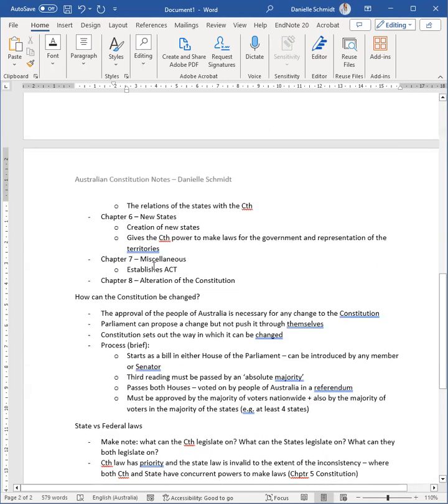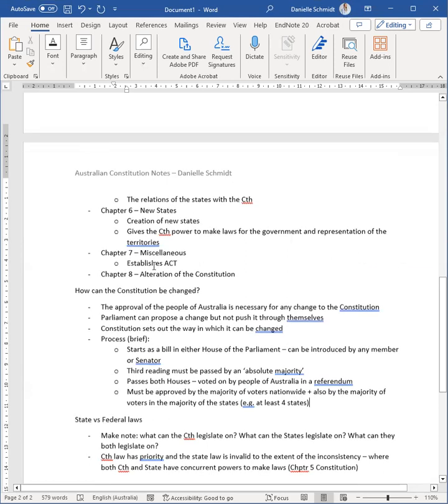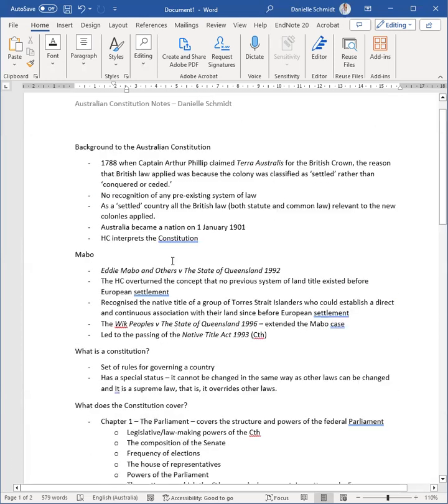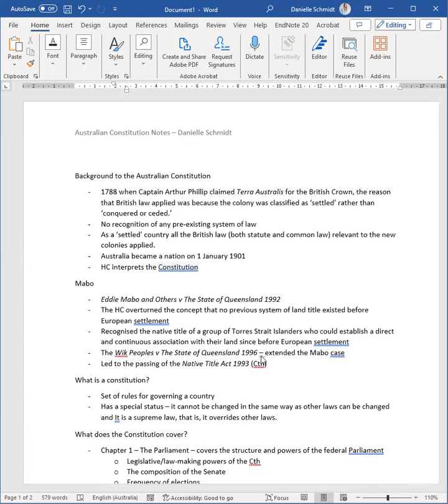A question again might pop up about states versus Commonwealth if there's an inconsistency, or often a question will come up about can the states legislate on this? So you need to know what section to go to, or the powers of the territories, how did they get their powers, etc. So please make sure that you go through your notes, have it covered, feel confident about the Constitution, but remember you do not need to memorize the Constitution. You just need to know where to look for your information.